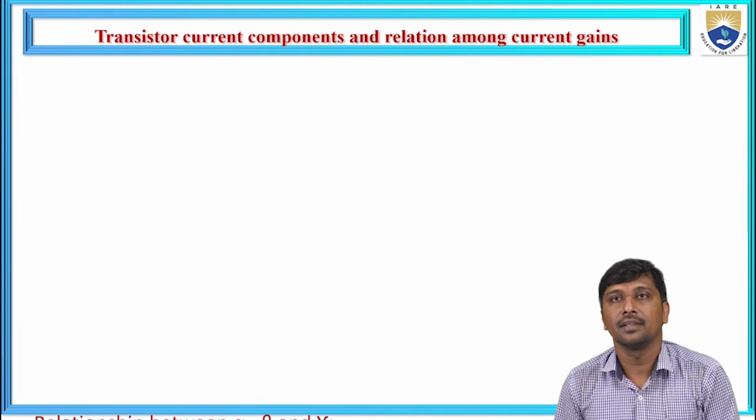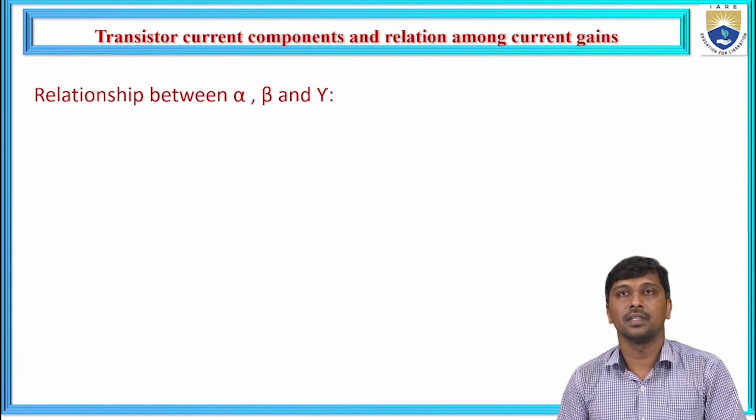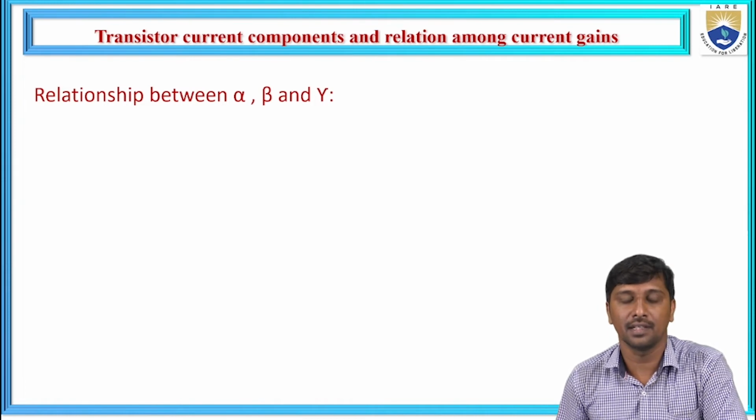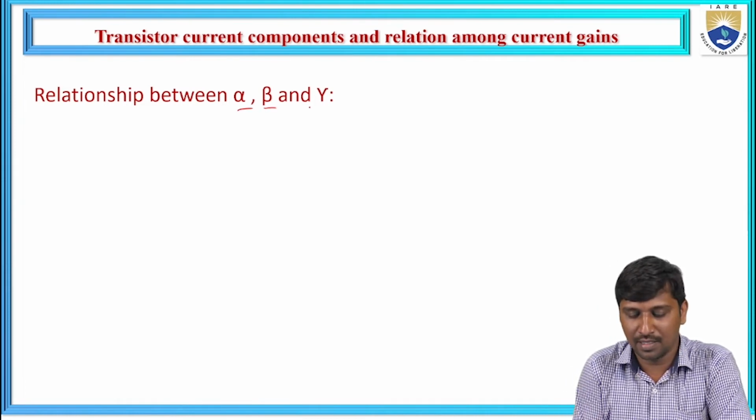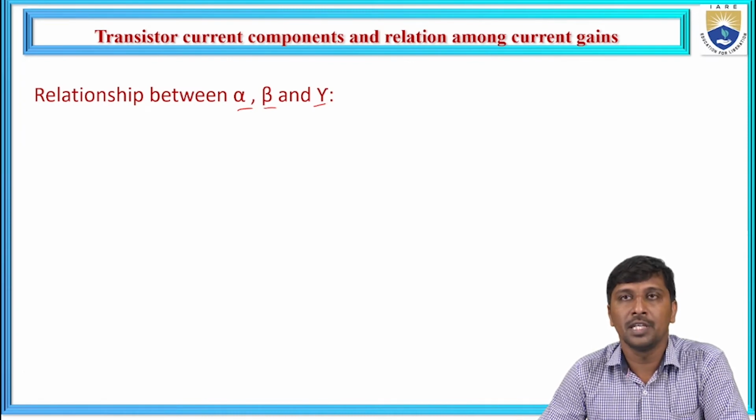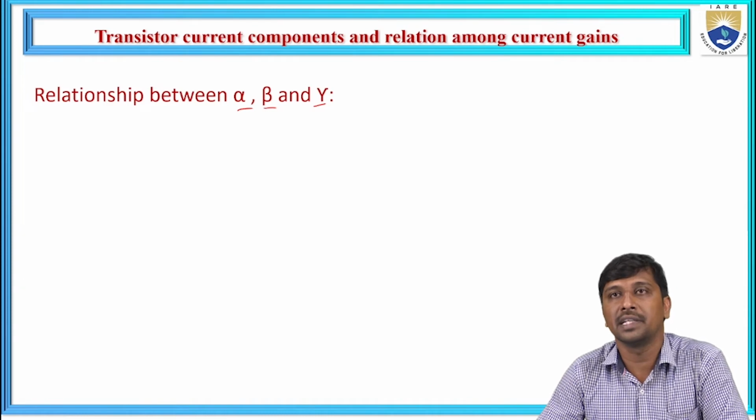Now, similar to that, we need to find the relationship between the three current gain parameters: alpha, beta and gamma. We need to identify how to write alpha in terms of gamma or beta, or beta in terms of alpha and gamma.